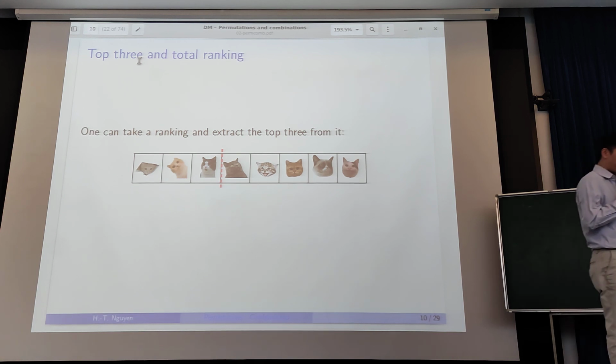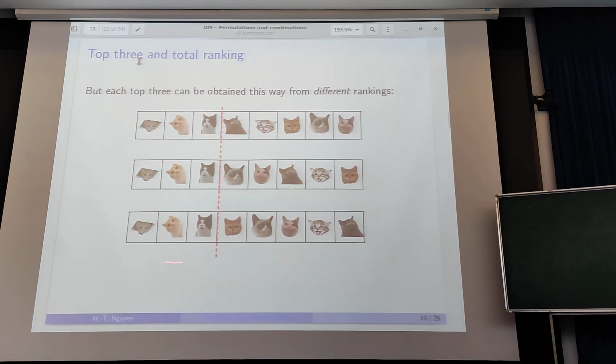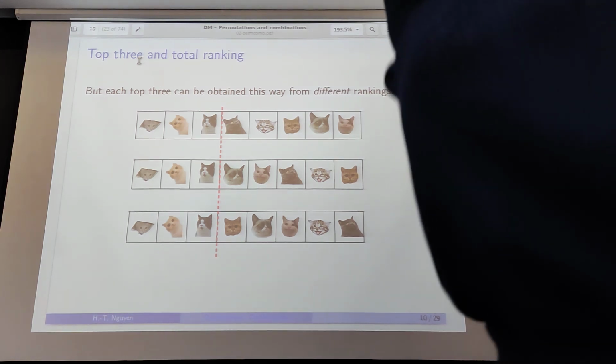But here there is a problem, which is that a top 3 may be obtained in many different ways. Okay? Because we are only interested in the top 3, the other 5 can be in any order.